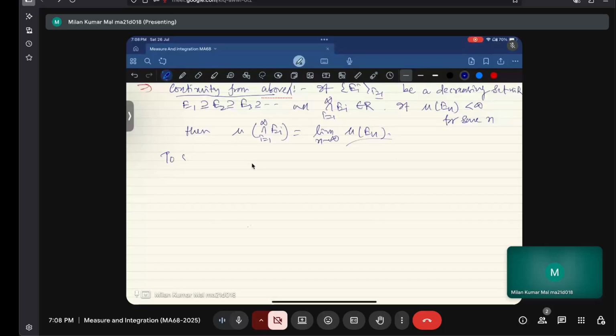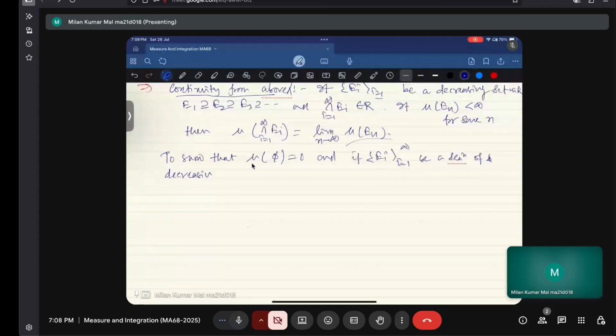Decreasing means Ei is a superset of Ei+1, and the intersection of Ei for i equals 1 to infinity is empty, then the limit as n tends to infinity... I have to show that mu is a measure, sorry, mu is an extension.